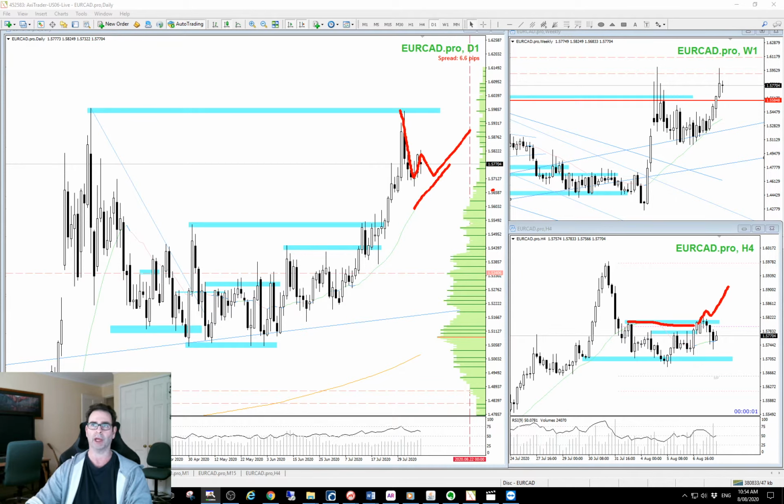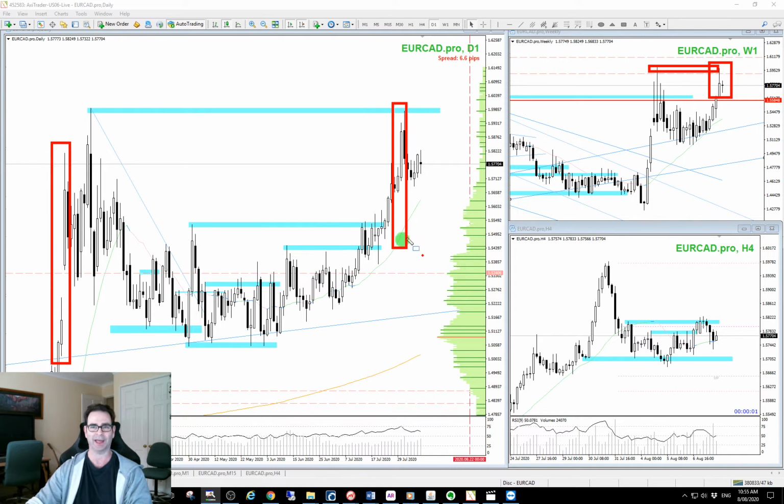So when we drill down, some of the things that I look for, number one, as we said before, where is it? Is it extended? And you can see here, it's quite a distance away. Can it keep moving? Of course it can. But there's always that possibility that it's going to correct, especially where it is, right under here.